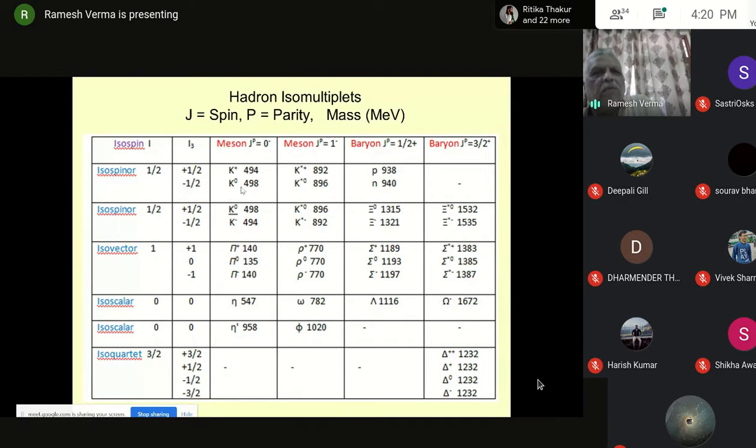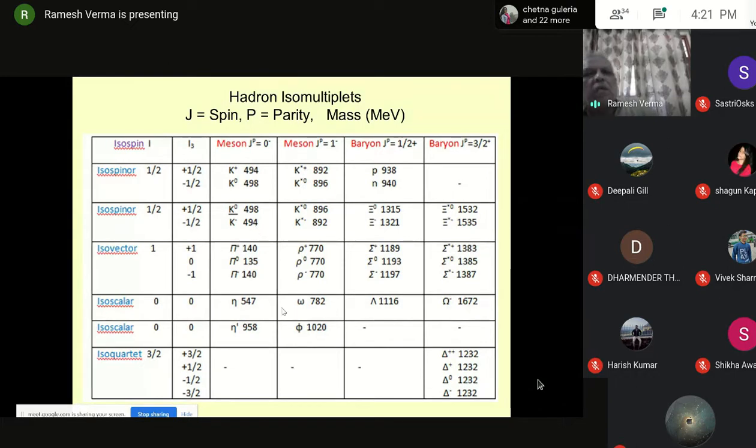Then what is the distinction between these? You will probably remember strangeness, which was required to explain the behavior of these newly produced particles, because the nucleons and pions are called unflavored or normal particles. All other particles which we are seeing here carry a new quantum number like strangeness. And when you combine strangeness with baryon number, we call it hypercharge.